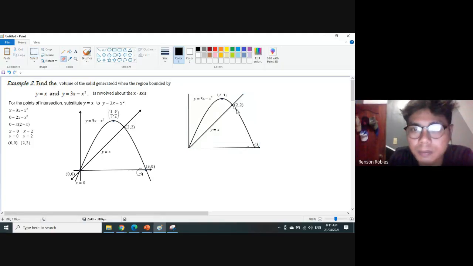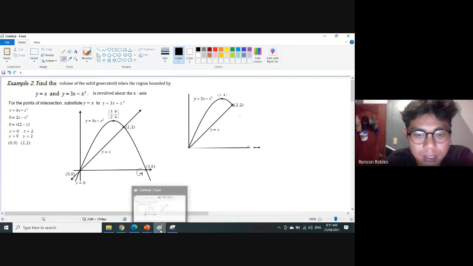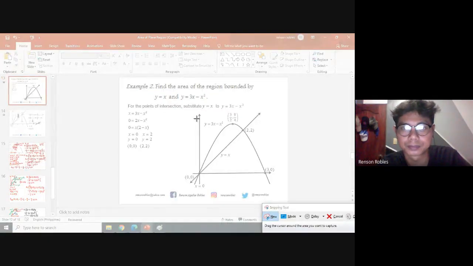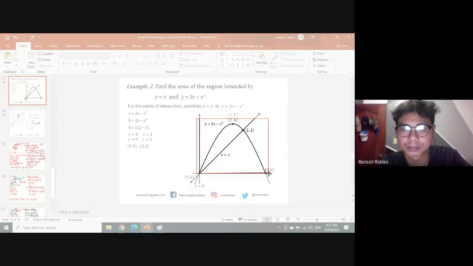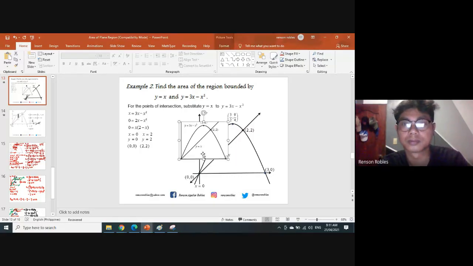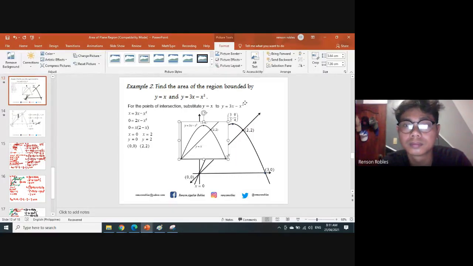Then we shall erase this part. This is no longer important. Let's rotate it vertical.